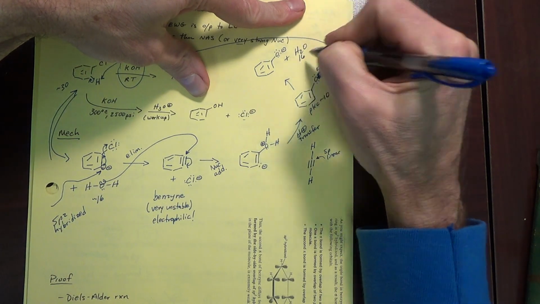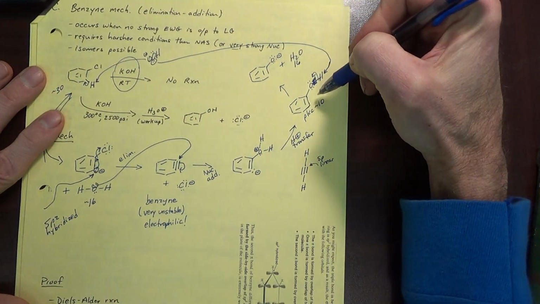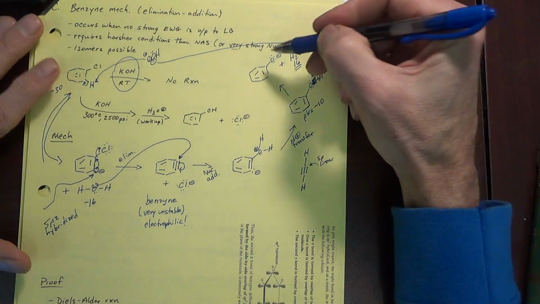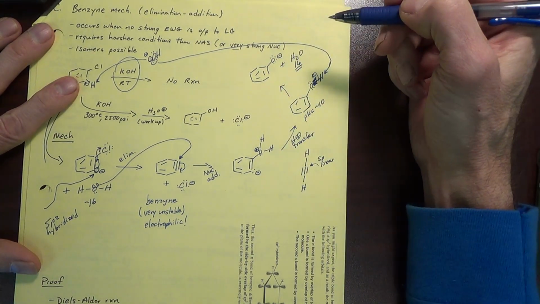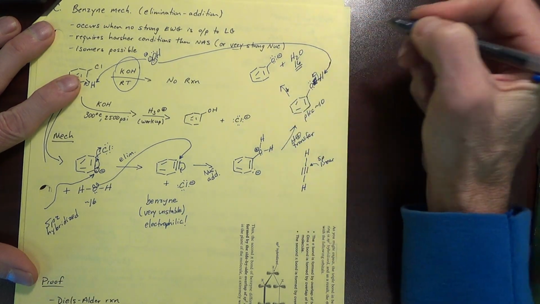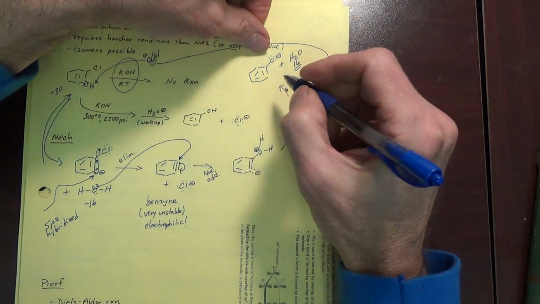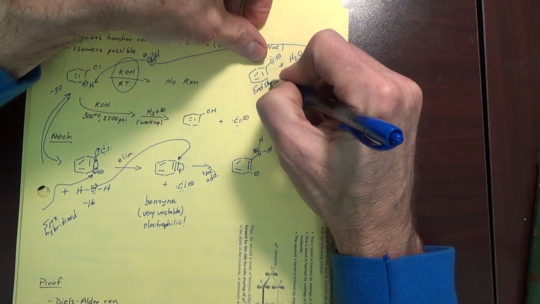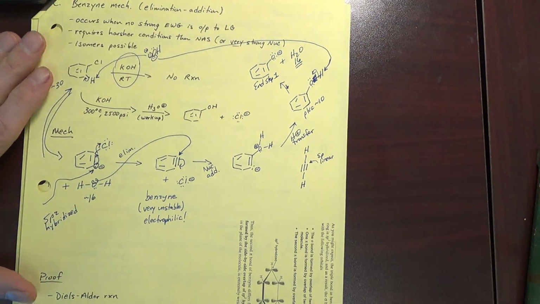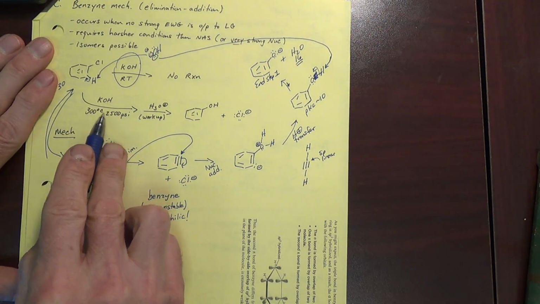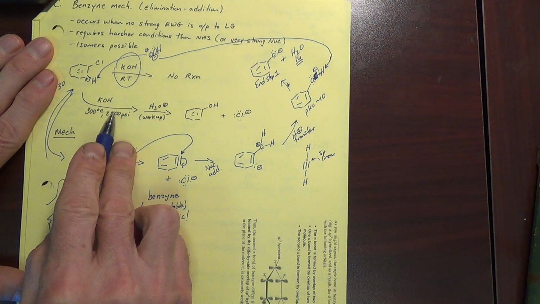And this is 16. Which side's favored, 10 or 16? Well, 16 is favored. The weaker acid, we see that the phenoxide is favored. And this is actually in step 1. Step 1 being reaction with KOH at very high temperature and very high pressure.